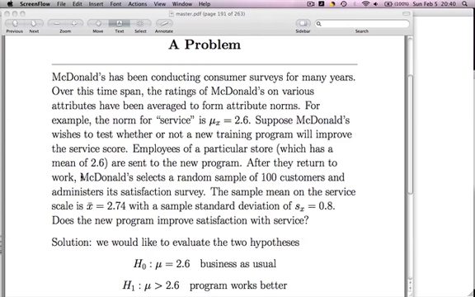After they return to work, McDonald's draws a random sample of 100 customers and administers its survey. The survey finds that the sample mean is 2.74, and the standard deviation is 0.8. So the question is, does this new program improve satisfaction?